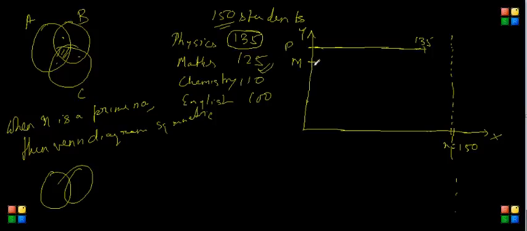Now see, I'm trying to minimize the number of students passing all exams. So what I need to do is minimize the overlap between the lengths that I'm drawing here. There are two regions over here.